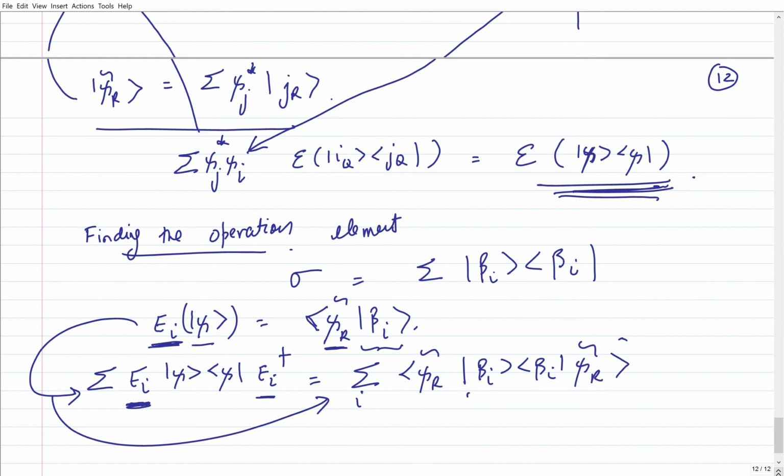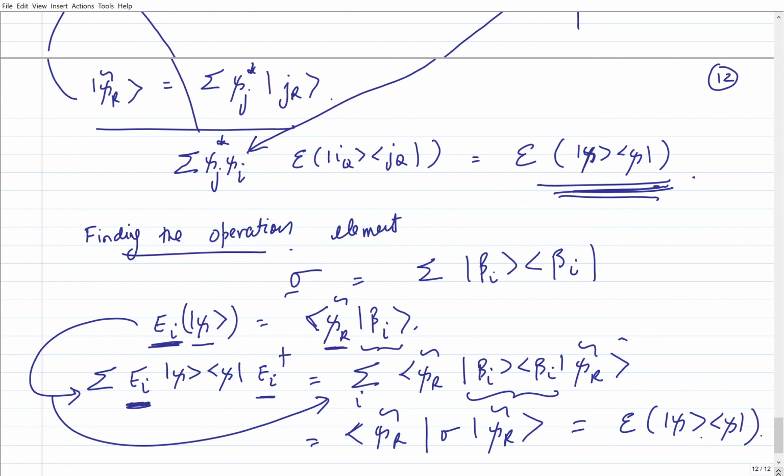And what is this? This was nothing but my quantum operation. This was already proved above, that this is nothing but this guy.